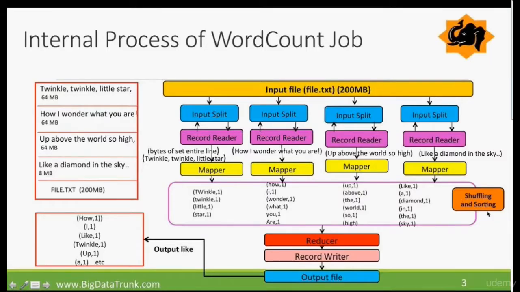The next step we talked about was the shuffle and sort phase. This is where it takes all of these different keys, like twinkle, little, star, all of those words, and gives them together to the reducers. The reducers take these keys, do the counting, and produce the final output, and this would be the kind of file it would look like.